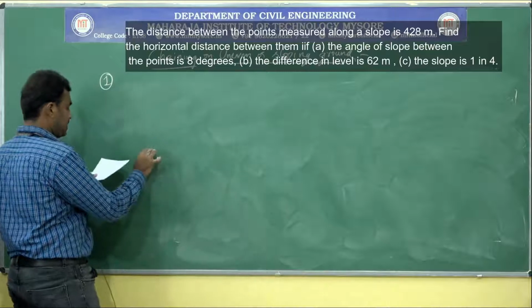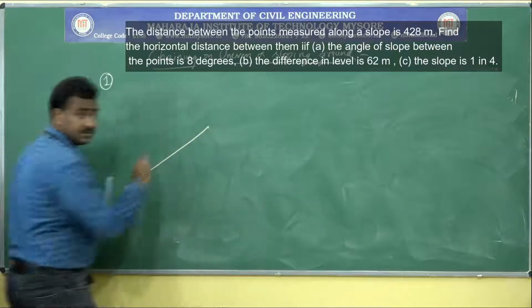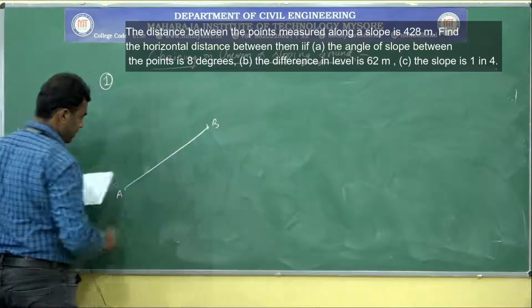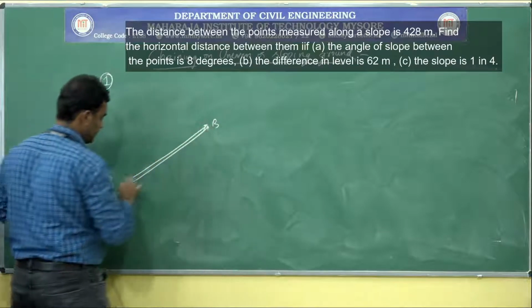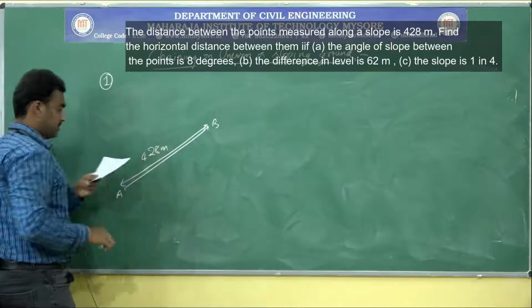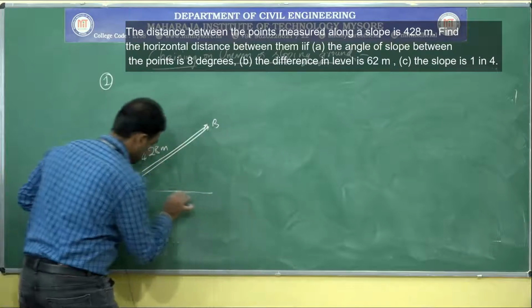That is, the sloping distance is given as 428 meters. Find the horizontal distance between these points.